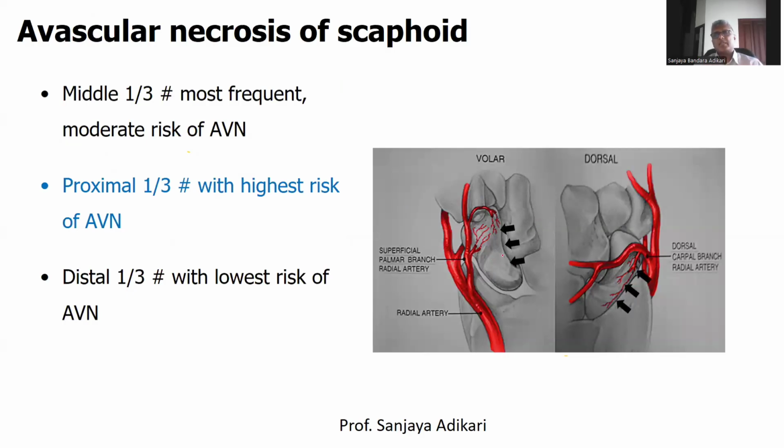You can see when we say distal, it's not always coming from the most distal end. Some arteries can enter a little proximal to the most distal end. Therefore, a fracture in that area might not cause avascular necrosis because of some of these proximally placed blood vessels. But if the fracture is somewhere here, as you can see, definitely you will get avascular necrosis because there are no blood vessels entering from that end. Okay, so that is the reason for the highest risk in the proximal end.